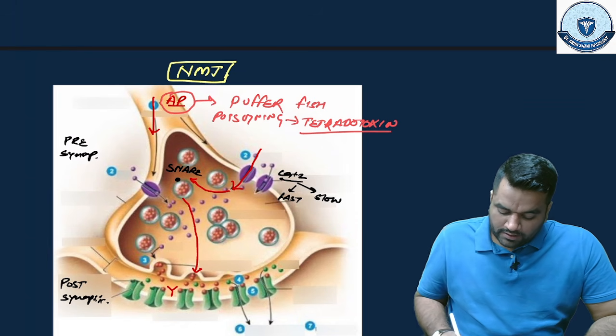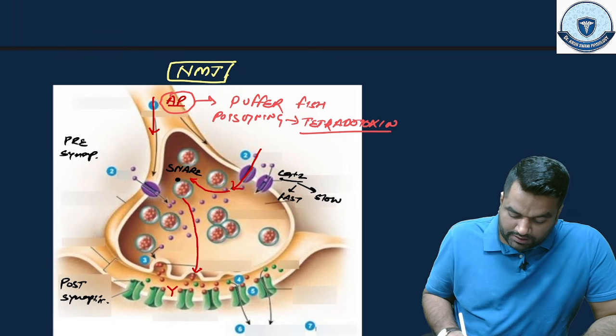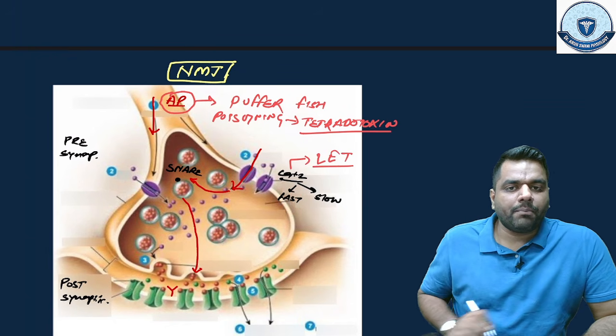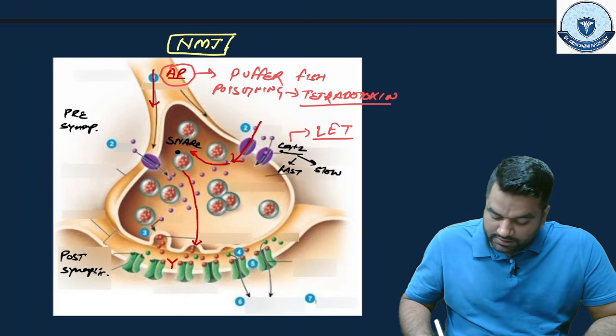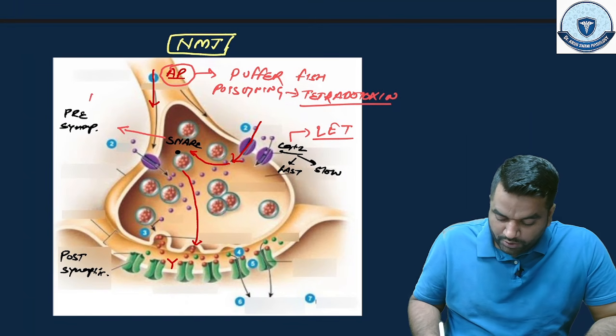Number two, this calcium influx which is happening over here, if this fast calcium channel gets defected, this condition we call Lambert-Eaton syndrome. If the SNARE protein gets damaged, guys, this could happen due to the botulinum toxin.